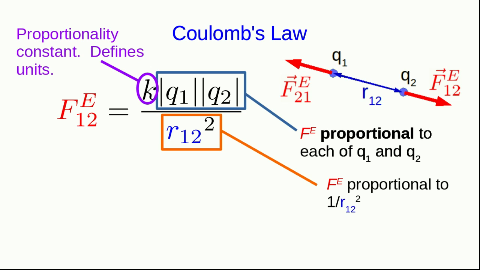You wouldn't expect that if you multiply together 2 charges and then divide by a length squared, you would get an answer that has correct units to be a force. And so there must be some proportionality constant which gives us an answer in a unit of force. And the value of that constant will depend on the units we're using for charge, distance, and force.